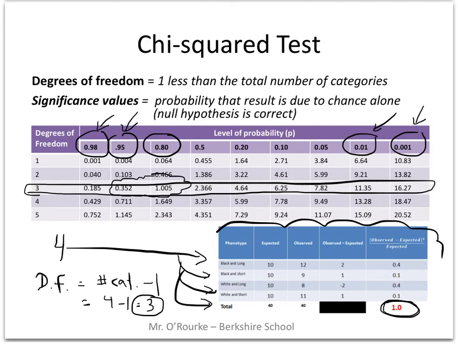And what I can tell from that chi-squared value is that the difference between the observed and the expected should happen due to chance, just random probability, somewhere between 95% and 80% of the time. You can see that the 1 is a lot closer to the 80%, so you might say that I feel like the result is much more likely due to chance. It's more than 80% likely due to chance alone.